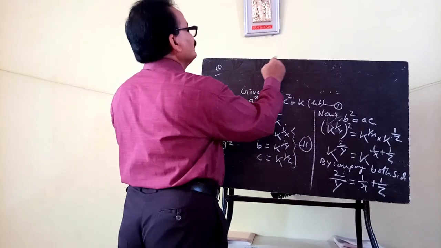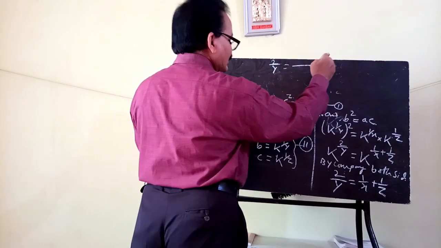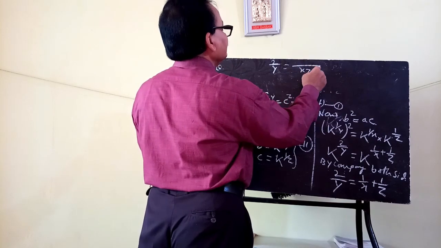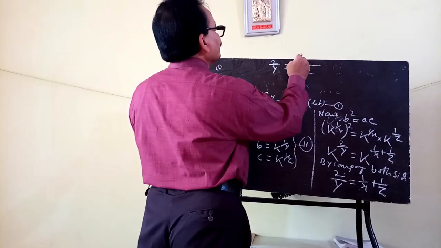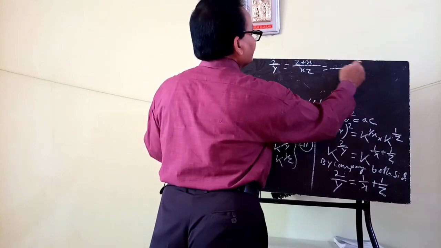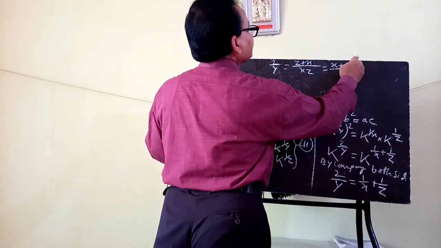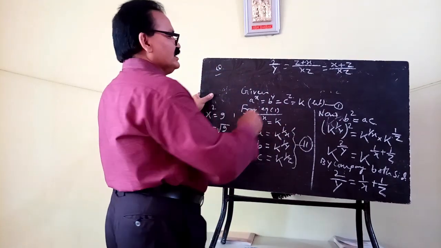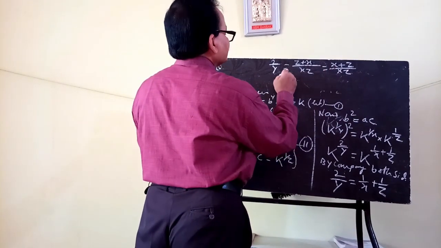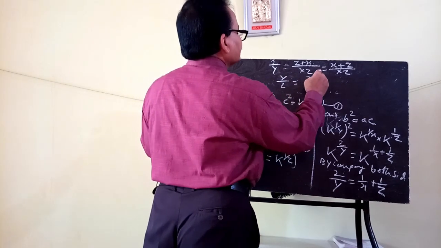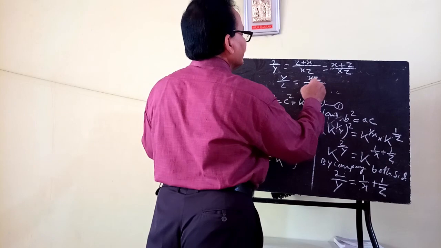So 2 by y equals, now you have to take the LCM. LCM is xz. So in the numerator it is z plus x, or you can simply write in order, x plus z by xz. Okay, now reciprocal this. So y by 2 is xz by x plus z.